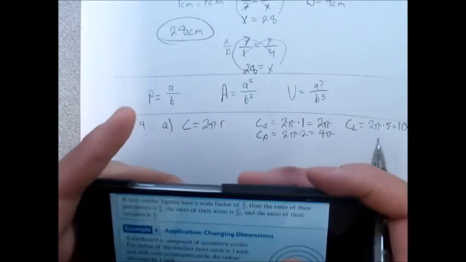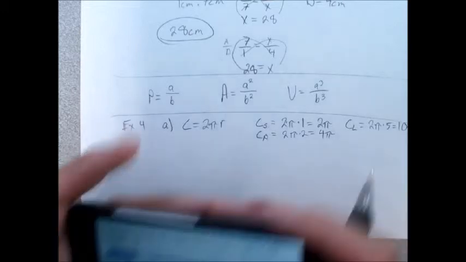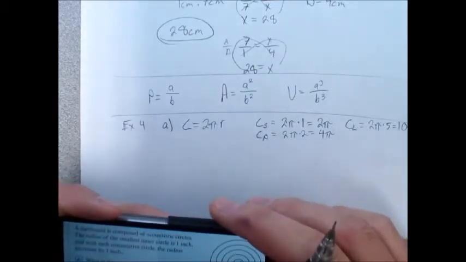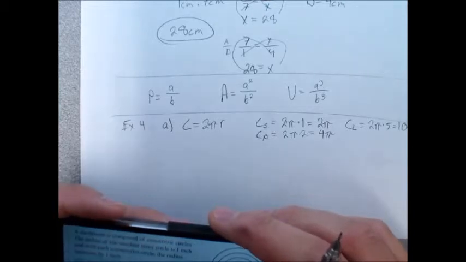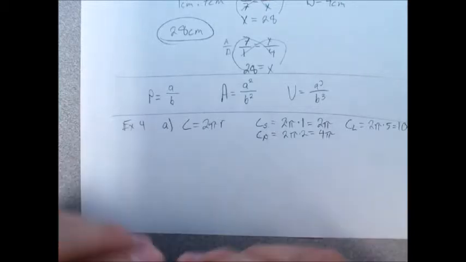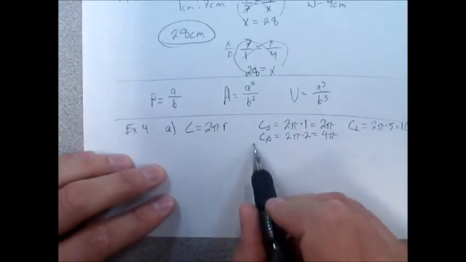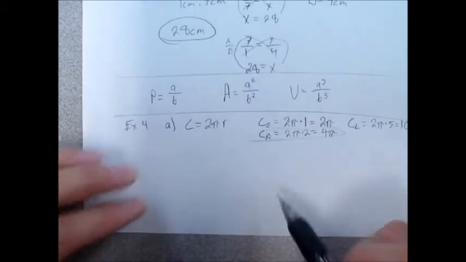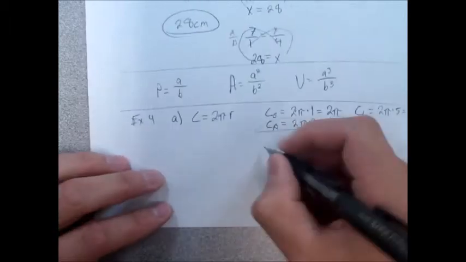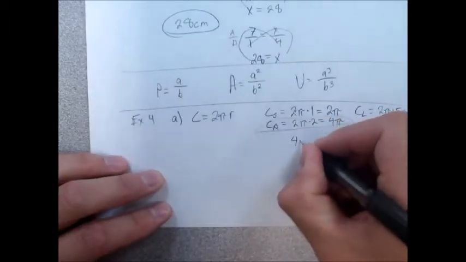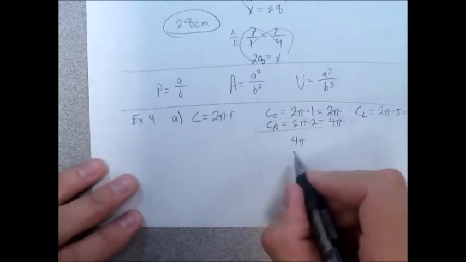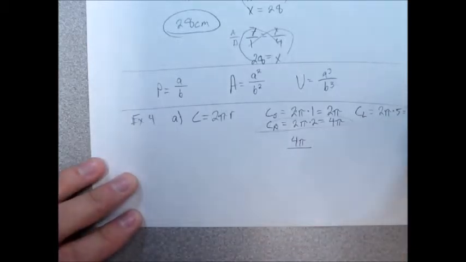Now, looking at what they asked us to find, we'll read the question one more time. What is the ratio of the circumference of the two innermost circles to the circumference of the outermost circle? So the circumference of the two innermost was the bigger of the two that I did first, which is 4 pi, to that of the outermost, and that one was 10 pi.